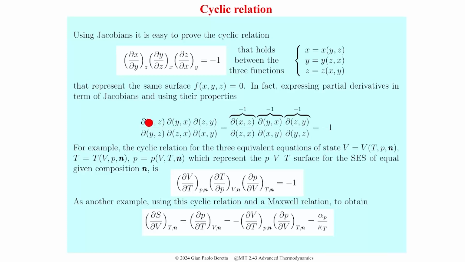So for example, this is the partial of x with respect to y at constant z. This is the partial of y with respect to z at constant x, and this is partial of z with respect to x at constant y, which is written here. And if you multiply -1 3 times, you get -1. So this is called the cyclic relation. And if you apply it to the PVT relation, equation of state, here is what you get.